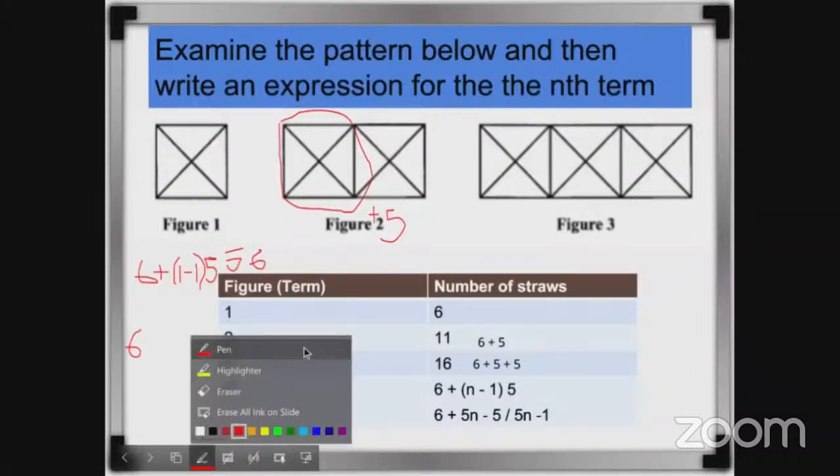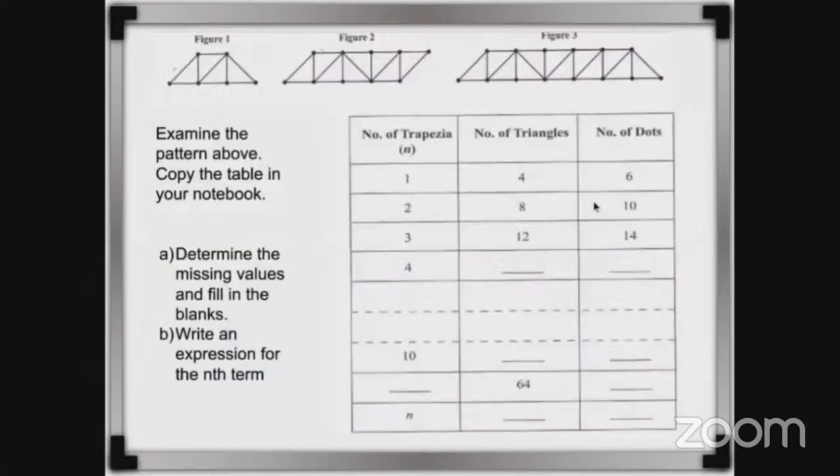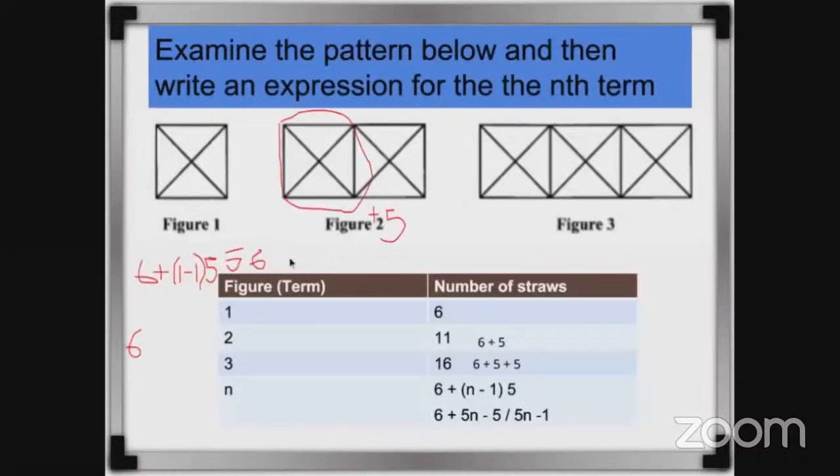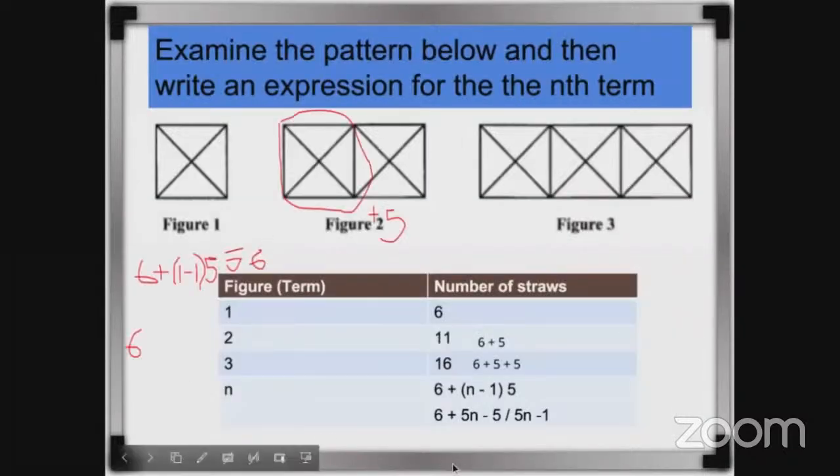We added 5 here for figure. What happened? It looks like I can't go over there. All right. So we added 5 here and we added another 5 here. And you see it's represented right here, right? Yes, miss. Good. I don't know what's happened.